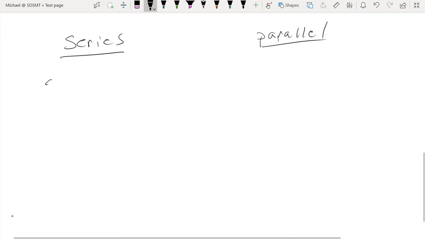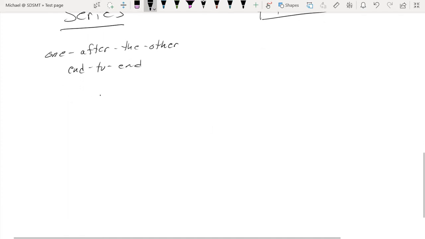For series, we have to connect one after the other, or end to end. And so this means we have one capacitor, which I will call C1, connected to a second capacitor, C2.